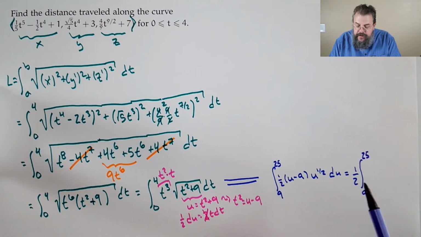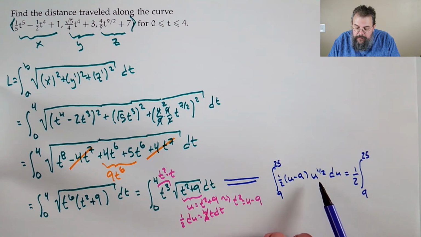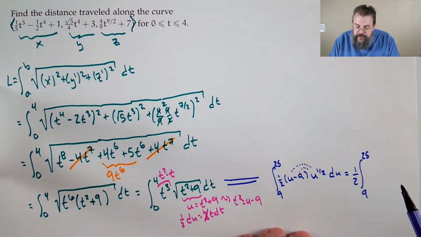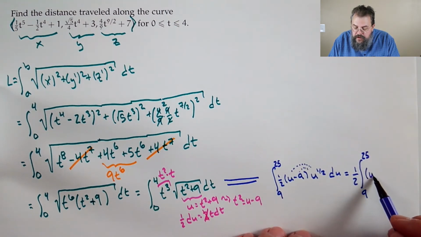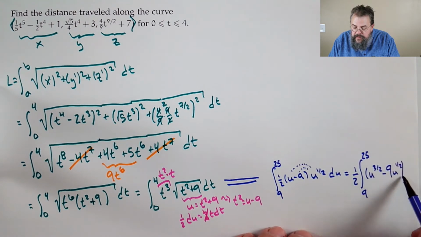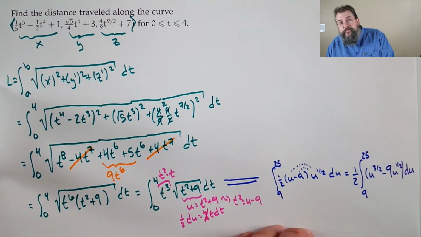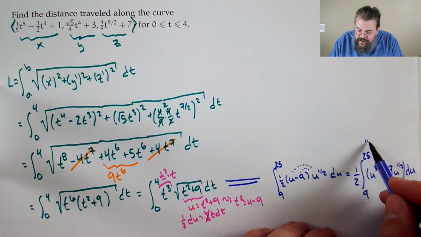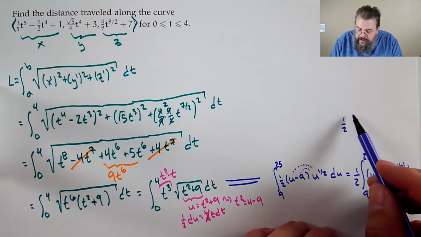I pull out the 1/2. Now what do we do? Well, we can distribute. So we're not ready to integrate yet, but we can distribute this u to the 1/2 through. So it becomes u to the 3/2 minus 9u to the 1/2 du. All right. Well, everything's ready to go. So we proceed. We have a 1/2.